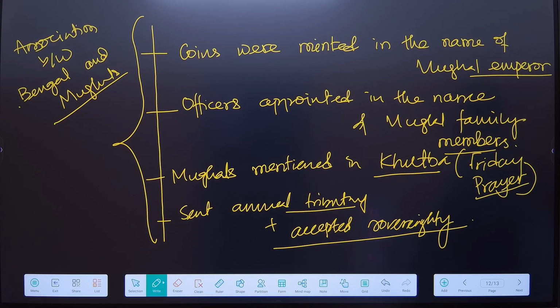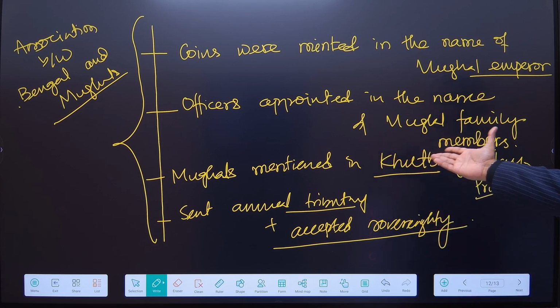Sir, is Diwani and Nizamat also known as dual system? No, absolutely not. Sir, where is this place located? I just said Murshidabad is in northern Bengal.